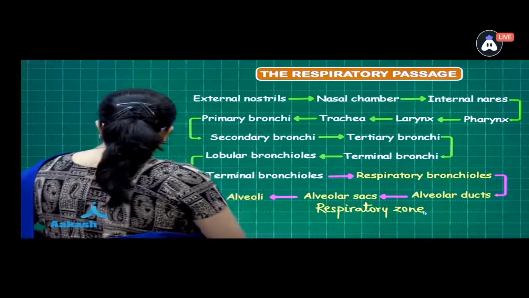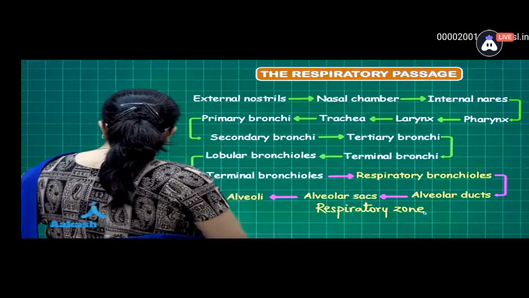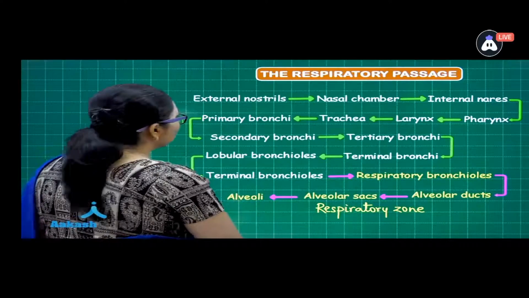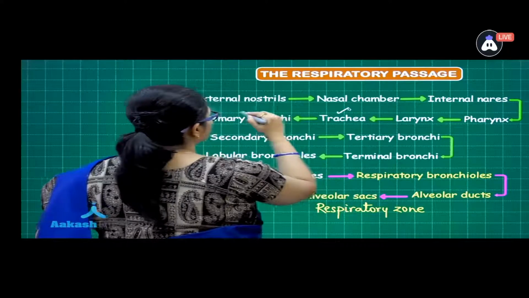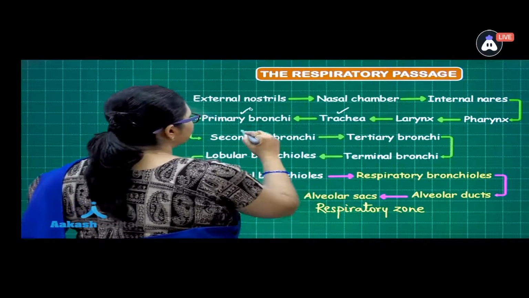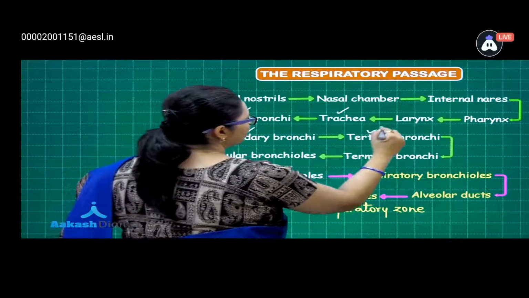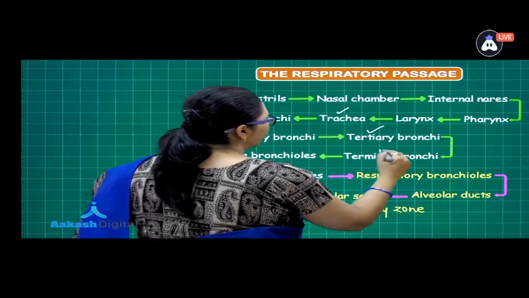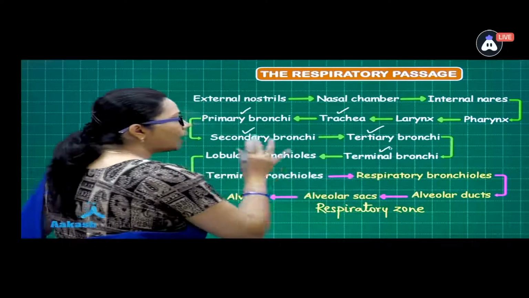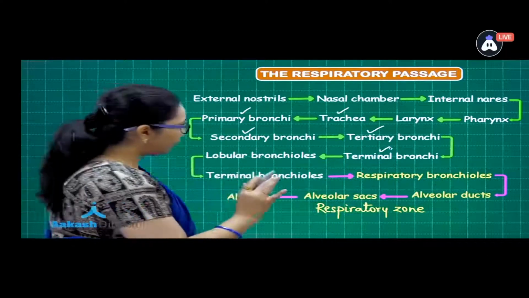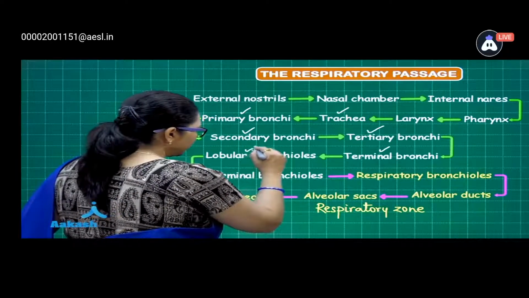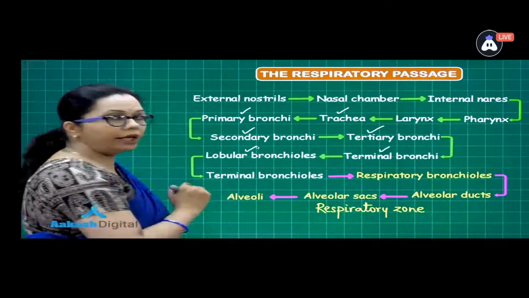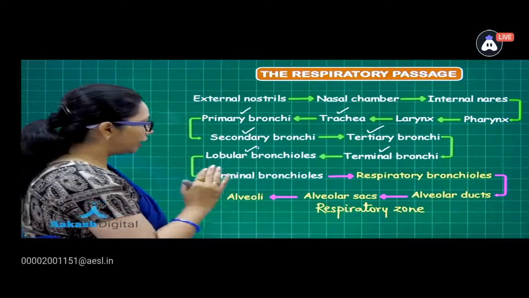We can just tick those areas where cartilage rings are present. So cartilage rings are present in trachea, they are present in primary bronchi, secondary bronchi, tertiary bronchi, terminal bronchi. That means all the bronchi have cartilage rings, and initial bronchioles. So up till lobular bronchiole also we can tick, which are having cartilage rings.